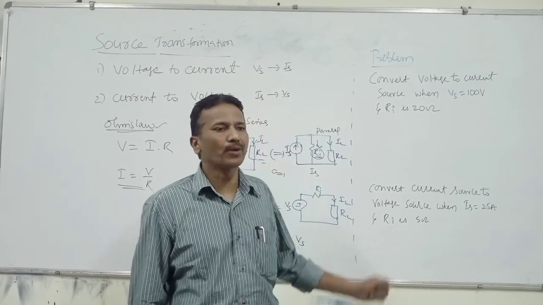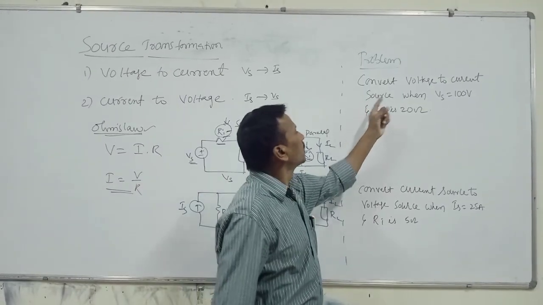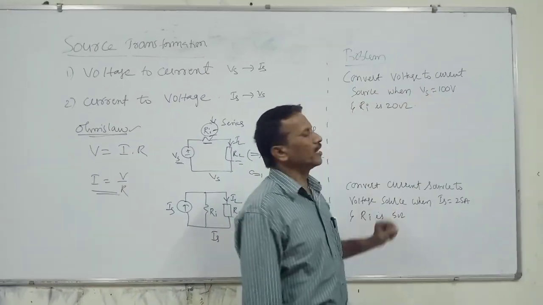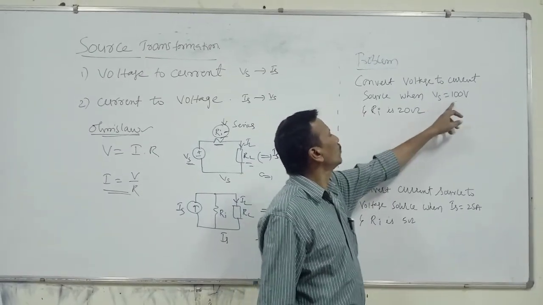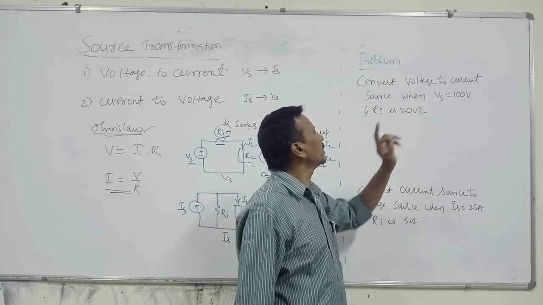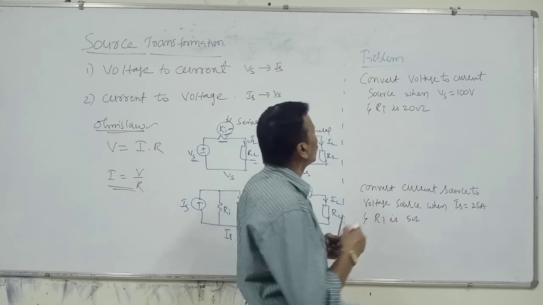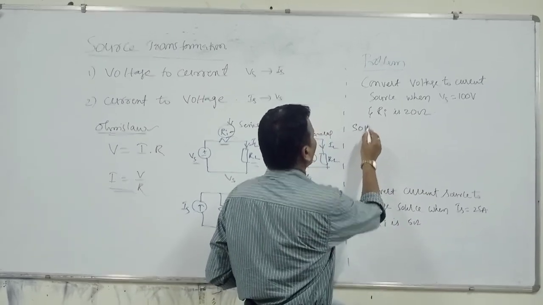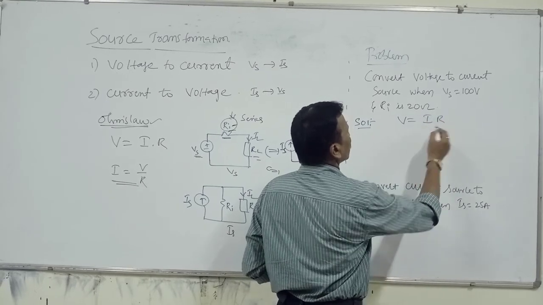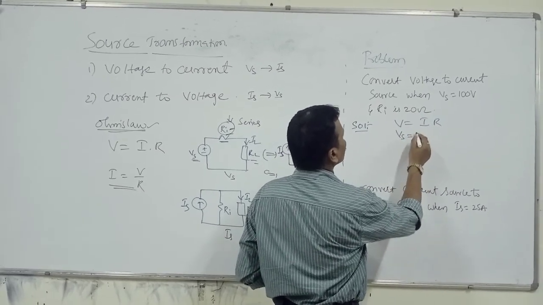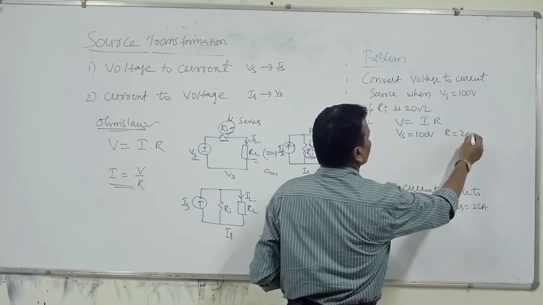Let's do one problem regarding source transformation. Okay, students? Convert voltage source to current source, when your voltage source is 100 volts and your internal resistance is 20 ohms. Keep the solution here. What is the basic law we have? V is equal to I into R. What is given? Voltage source is 100 volts, and R is 20 ohms.